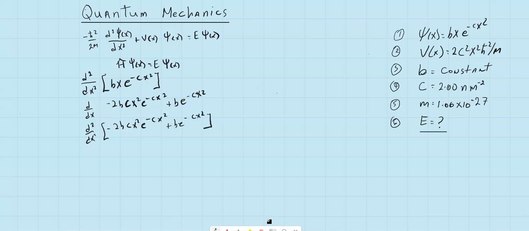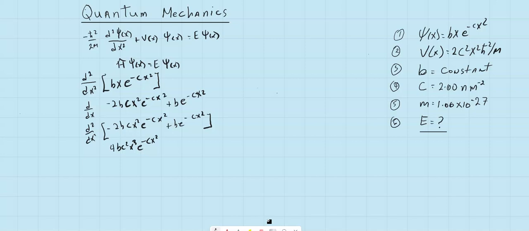We're going to take the second derivative now. Okay, this is going to be plus negative negative, it's going to be 4 b c squared x cubed e to the negative c x squared. And now we're going to take the derivative of the x squared right here, in the negative c x squared.